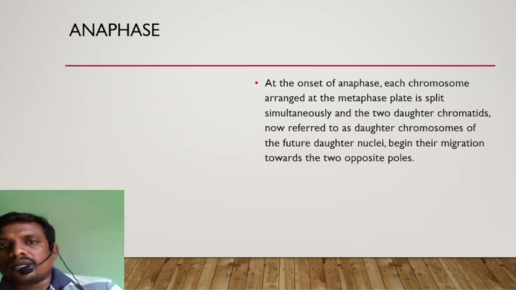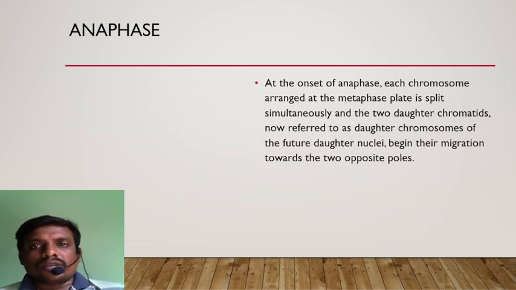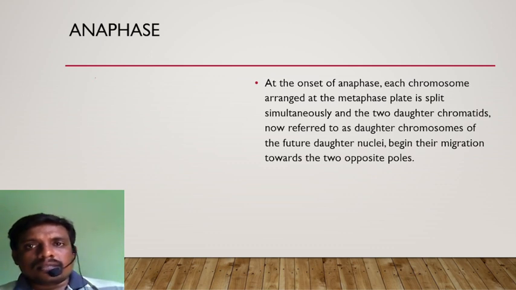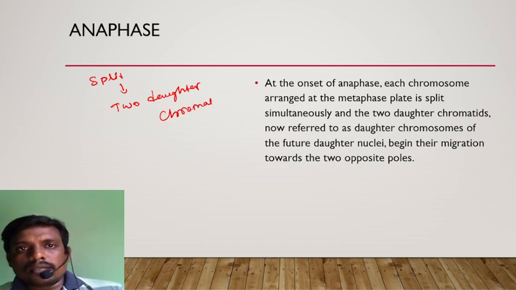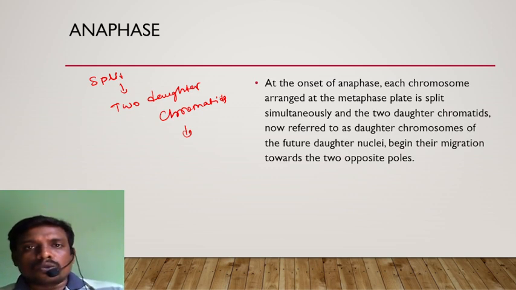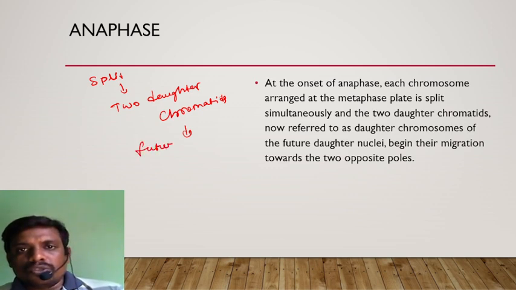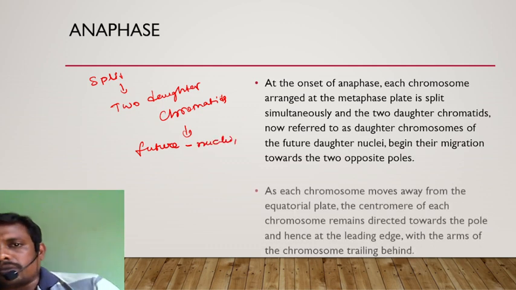What is anaphase? At the onset of anaphase, each chromosome arranged at the metaphase plate splits simultaneously into two daughter chromatids, now referred to as daughter chromosomes of future nuclei, and they begin their migration towards the opposite poles.